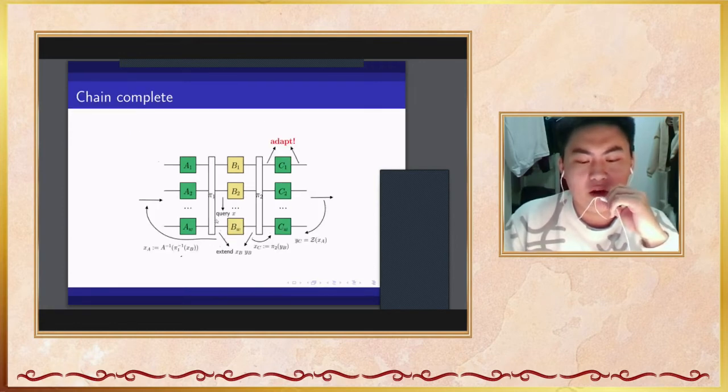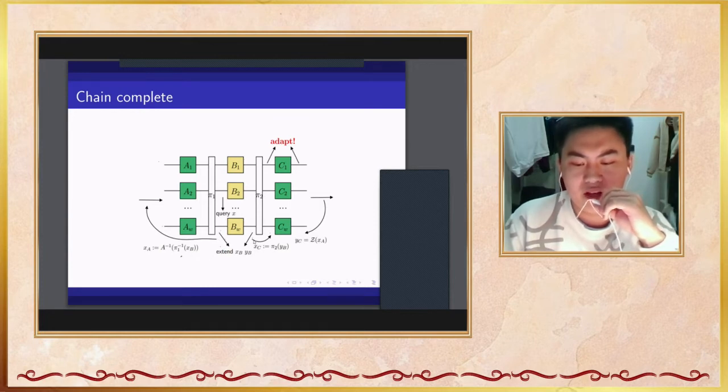In this situation, the work of our simulator is as follows. The distinguisher first makes the query x, which is one of the inputs of the second layer X-boxes. The simulator extends x to xb and yb, which extends the length from n to wn. We obtain xc by yb and xa by xb.